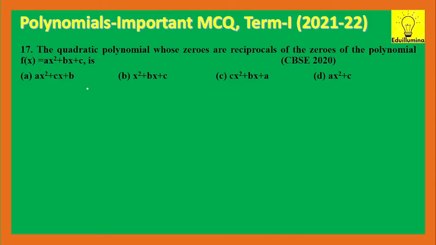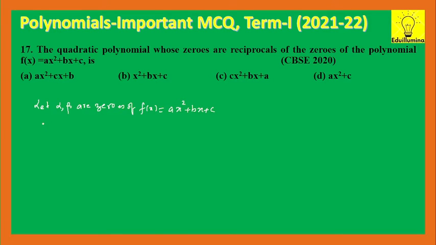Then the quadratic polynomial whose zeros are reciprocal of the zeros of the polynomial f of x equal to ax square plus bx plus c. So let alpha, beta be the zeros of the given polynomial f of x equal to ax square plus bx plus c.